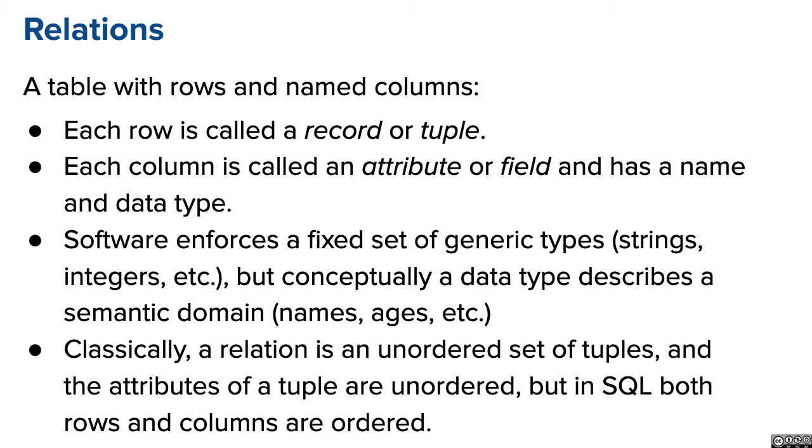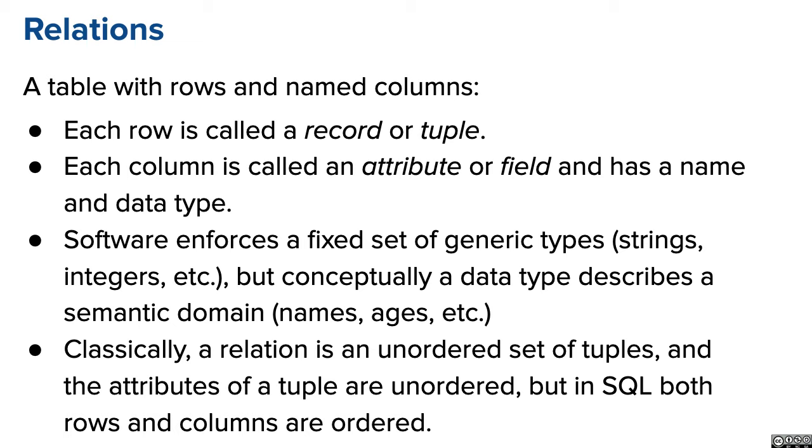Okay. Now, if you take a databases class, they'll talk about relational algebra, and mathematically speaking, a relation is an unordered set of tuples, and everything in a tuple is unordered. But in practice, it's much more useful to have everything ordered. So in SQL and in Pandas, the columns and rows of a relation or table are ordered.